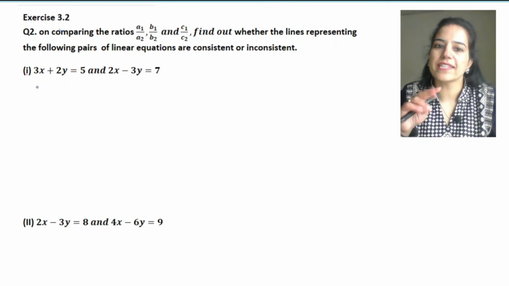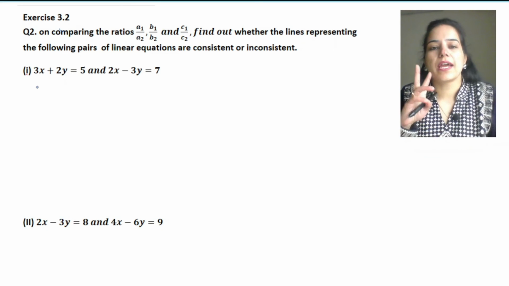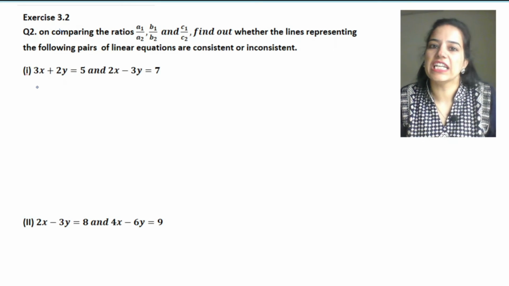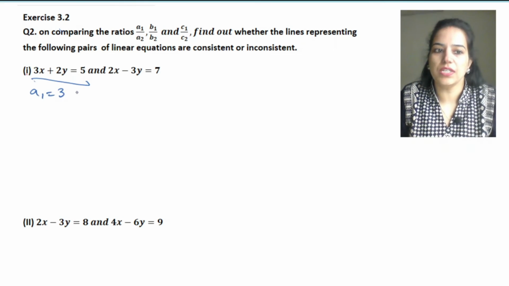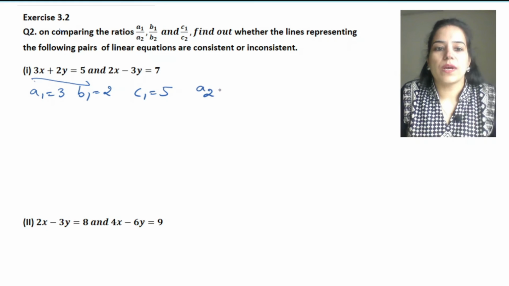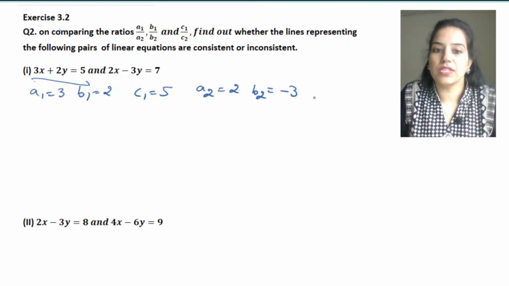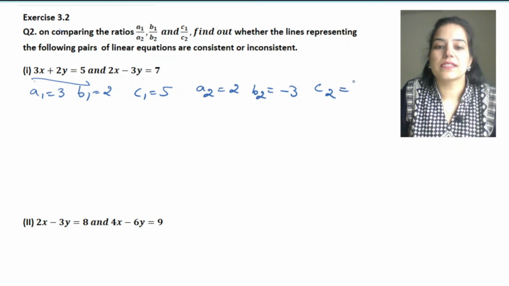So out of 3, 2 cases fall in consistent and no solution is inconsistent. So similarly, looking at the first equation, we will have A1 as 3, B1 as 2 and C1 as 5. Then A2 as 2, B2 as -3 and C2 as 7.